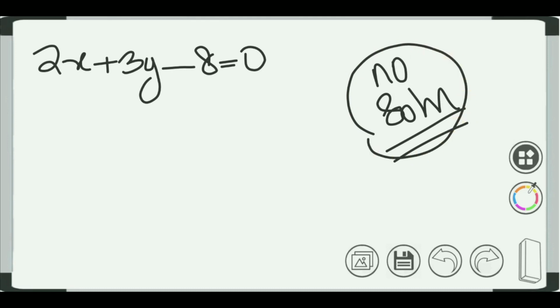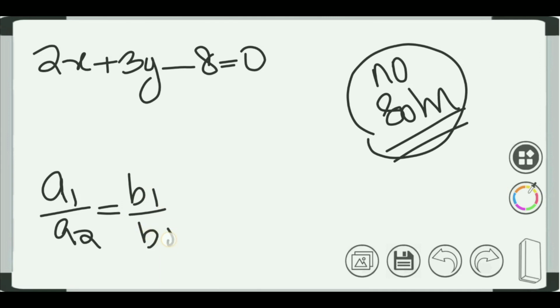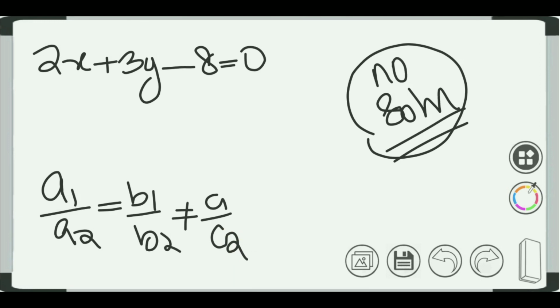So for no solution, what is the condition? Third case: A1 by A2 equal to B1 by B2, not equal to C1 by C2, right? This is the condition for no solution. Then only the geometrical representation will be of parallel lines, right?